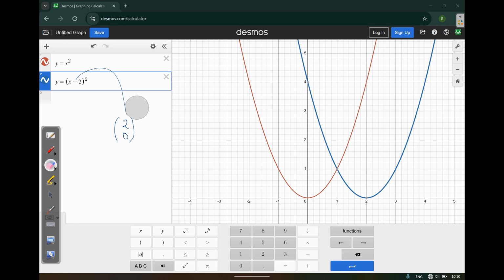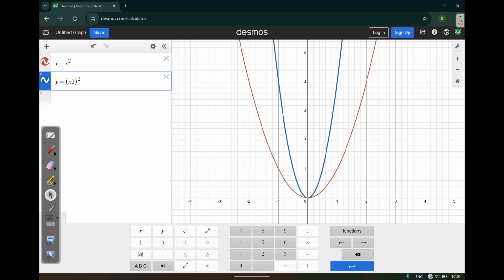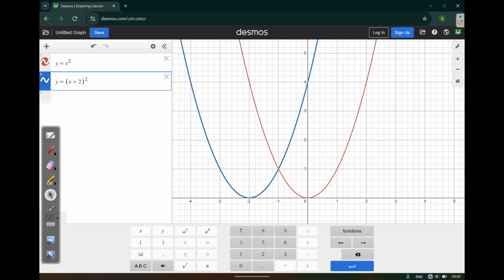How about if we put a plus here instead of the minus that I have here? Do you see that it moves to the left? So the translation is going to be with the vector negative 2, 0.